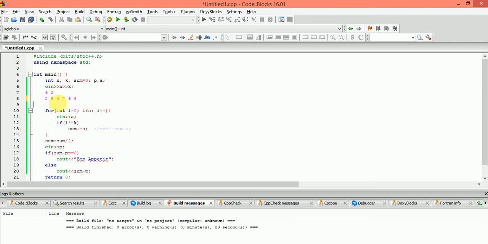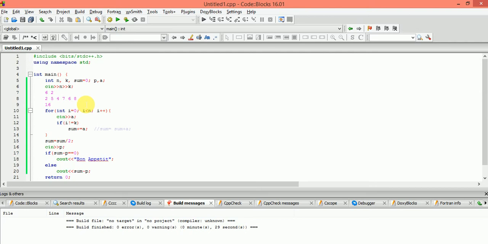So Anna will eat the 2, 5, 7, 6 and 8 rupees items, but she will not eat the 4 rupees item. And Anna has paid, suppose, 16 rupees for that.